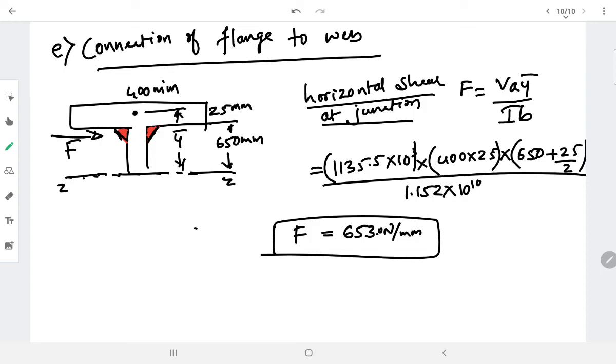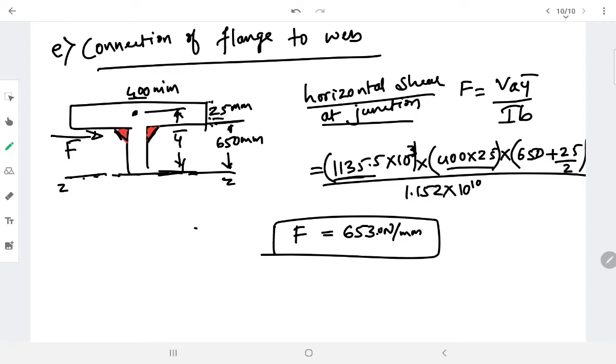Just substitute the values. V stands for shear force; the external shear force is 1135.5 into 10 raised to 3, into A, the area of this flange, 400 by 25, and y bar, the distance from here to here, the equal area axis distance. So 650, and this is 25 by 2.